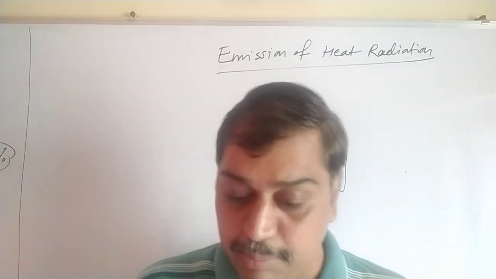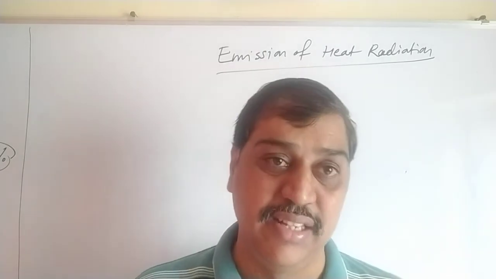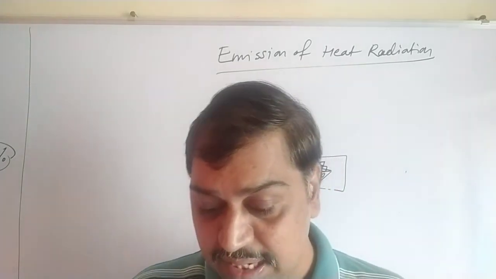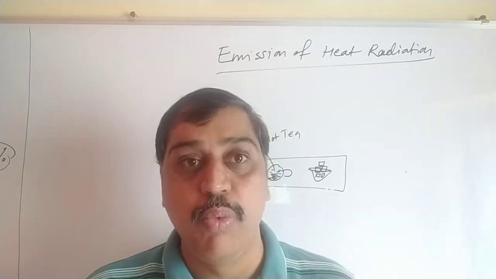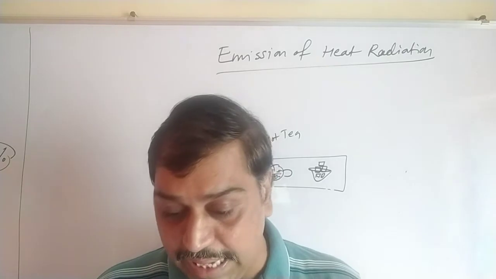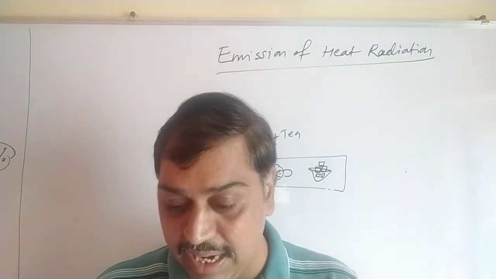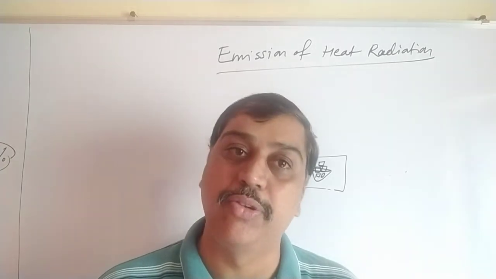And if the body has a temperature of approximately 3000 degrees Celsius, it will emit heat radiation that comes in the white region. So at 800 degrees Celsius the energy emitted is in the visible region, and the body appears to be red.